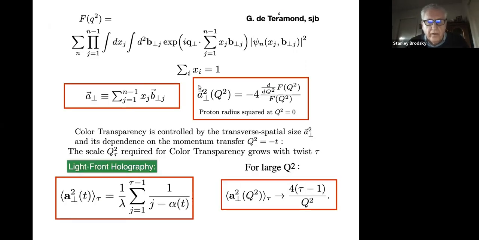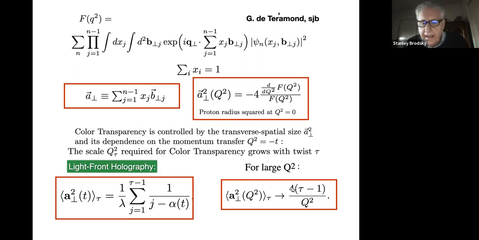So going back to the formula, you see that A perp is this. It actually has a light front holography, with a very simple form. It's computable. I'll show you that in a moment. And what you find is that in general, A perp squared is given by the derivative of f of q squared over f of q squared. So it's really a characteristic size that's in the form factor.